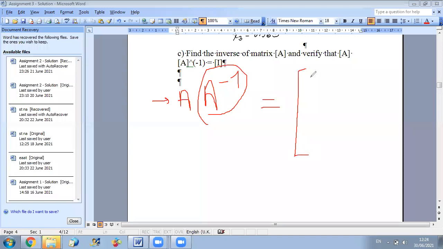The identity matrix is 1 0 0, 0 1 0, and 0 0 1.